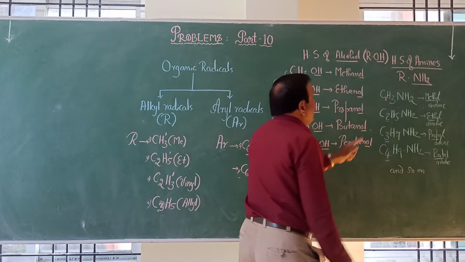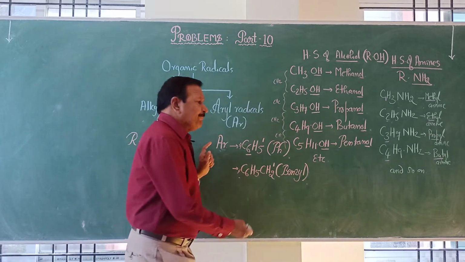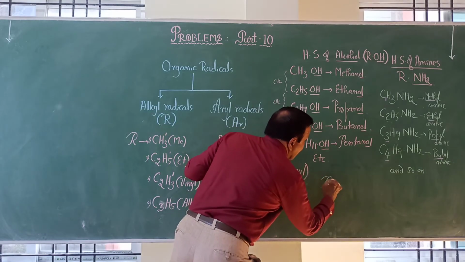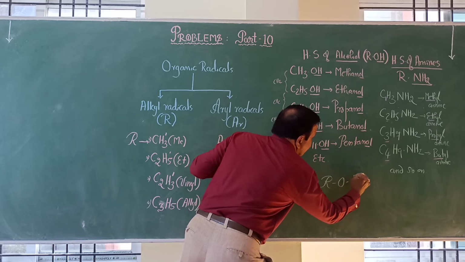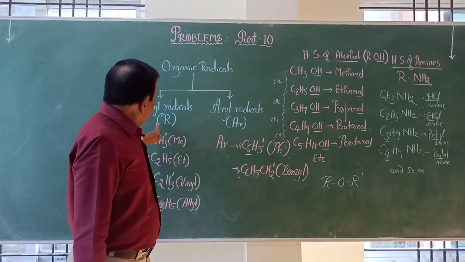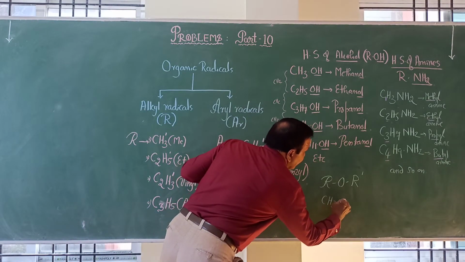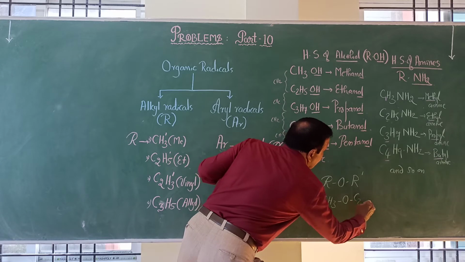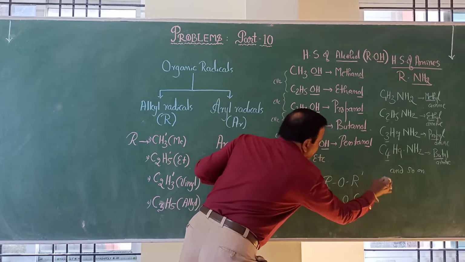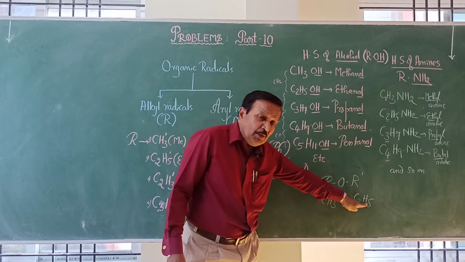So if you remember this R, that is going to help you. If you want ethers, ROR'. If you select R as CH3, one R, O, C2H5, this will be one side methyl group, one side ethyl group.